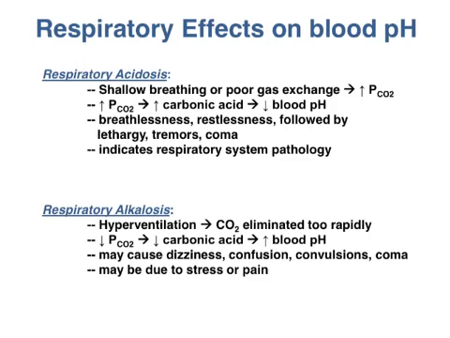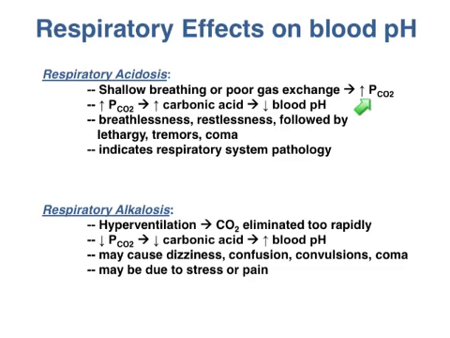Now, these associations between carbon dioxide and pH of blood mean that problems with respiration can have an effect on your blood pH. You can have either respiratory acidosis, where your blood becomes too acidic, or respiratory alkalosis, where your blood becomes too basic. Respiratory acidosis happens if you have poor breathing or poor gas exchange.